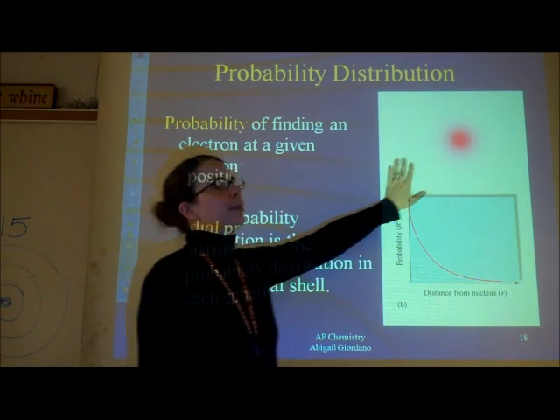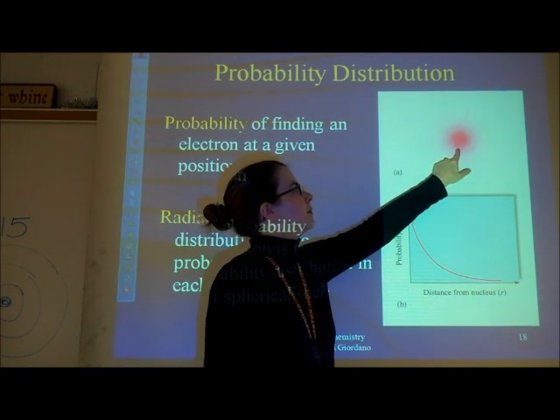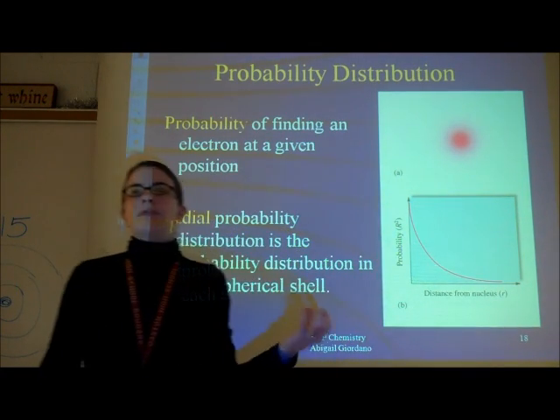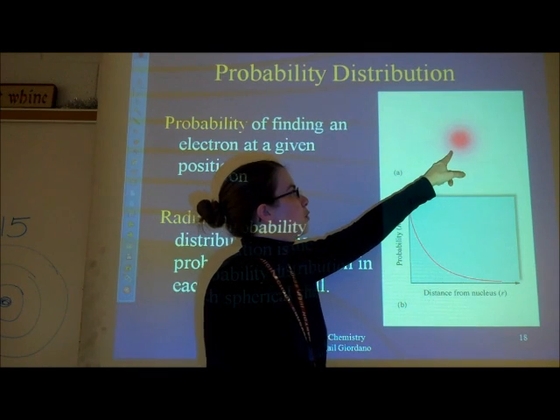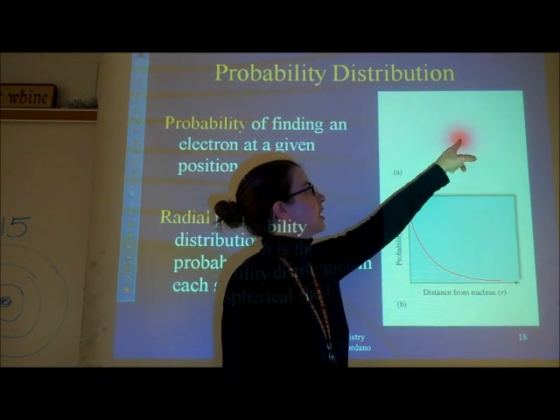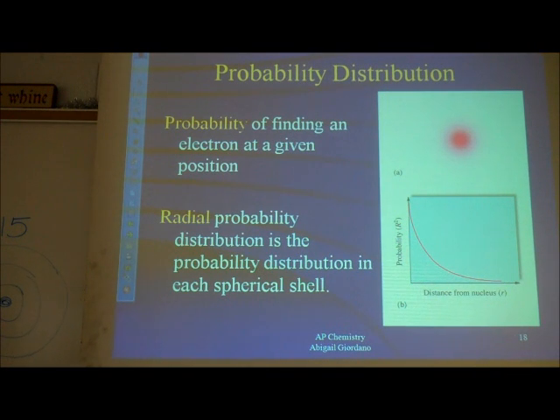Okay? Probability cloud because when I'm in this sort of light pink area, there's a certain probability of me running into an electron. And as I move closer into the center, okay, that probability goes up. It's a probability because I don't really know where they are.